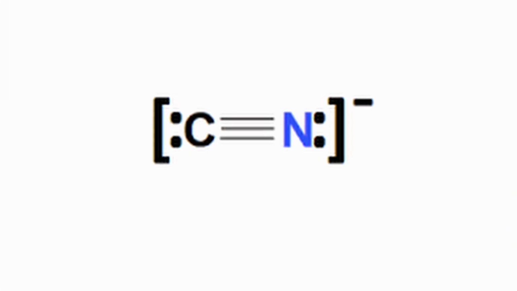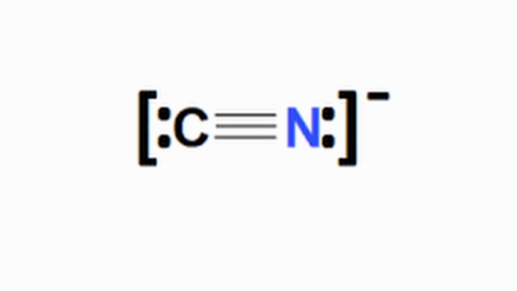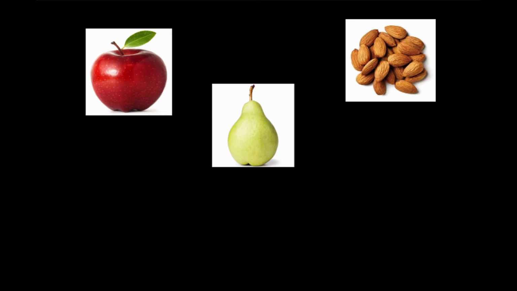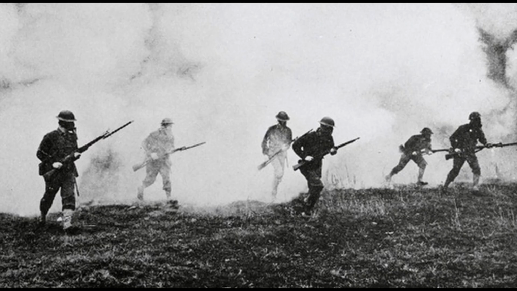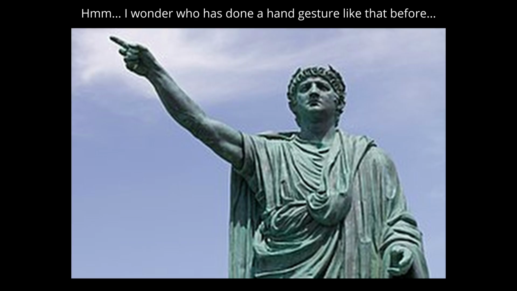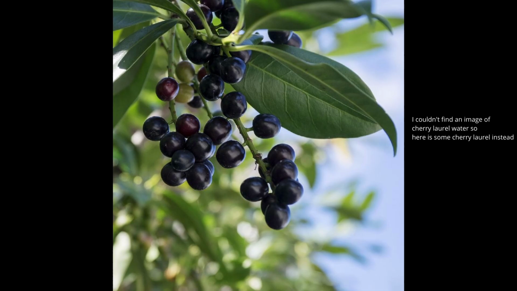Just regular ionic cyanide is naturally occurring, found in plants like the seeds of apples or pears or almonds and black cherries. Cyanide was mostly used as a weapon of warfare. The first use was by Roman Emperor Nero, who ruled from 37 to 60 AD, and he did this by using cherry laurel water, which contains cyanide, as a poison.